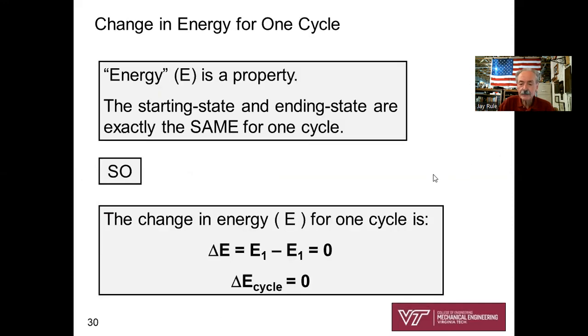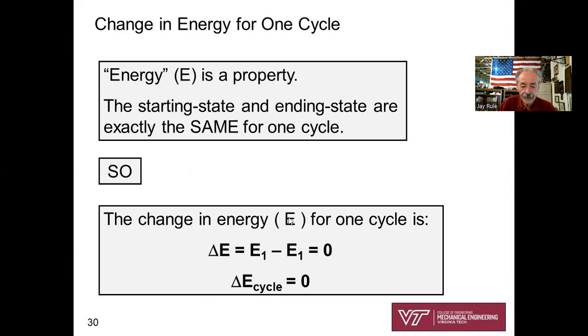Okay, now we're going to address part B of that homework problem, the change in energy for one cycle. So remember, I need to remind you, energy E would be kind of like U plus KE plus PE. It's a property of a system. If it's a property and our starting state is exactly our ending state, the property is fully defined by the state.